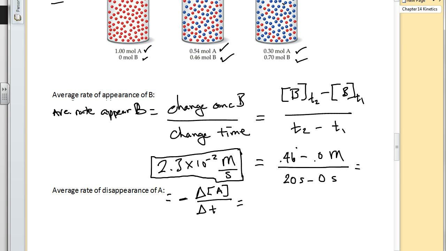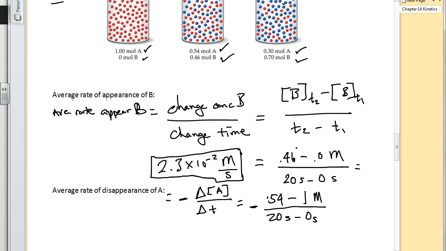And so we're going to pick the same 2 time intervals, 20 seconds and 0 seconds. And then we're going to plug in those concentrations. So the concentration at 20 seconds for A was 0.54 moles per liter, or 0.54 molar, minus 1 molar, which was the starting concentration.